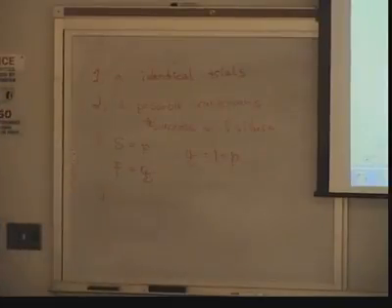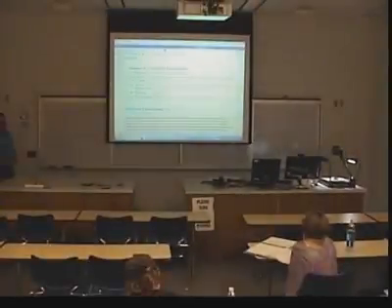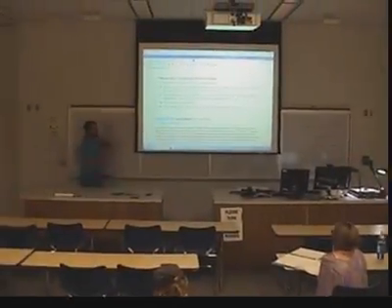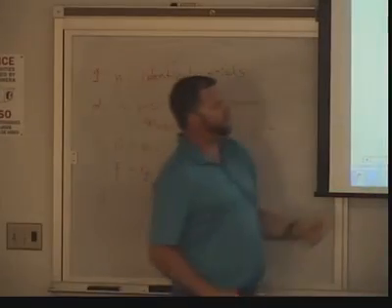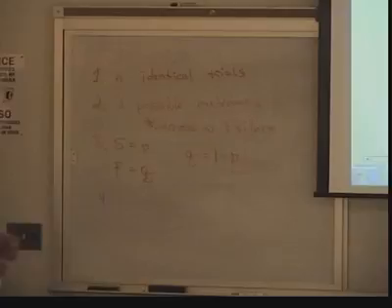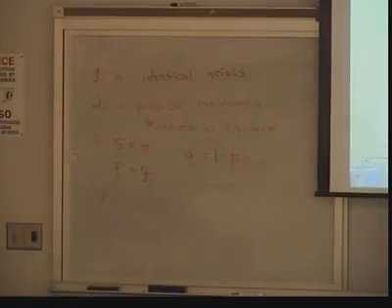Number 4. This is really why I covered section 3.6, because 3.5 and 3.6 are not going to be on the test. But we have to have an idea and a notion of what independent means so that I can even go over number 4 right here. Number 4 means what happened the first time has no influence on what happens the next time.